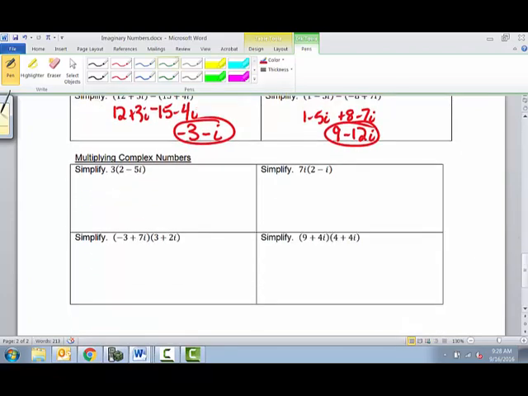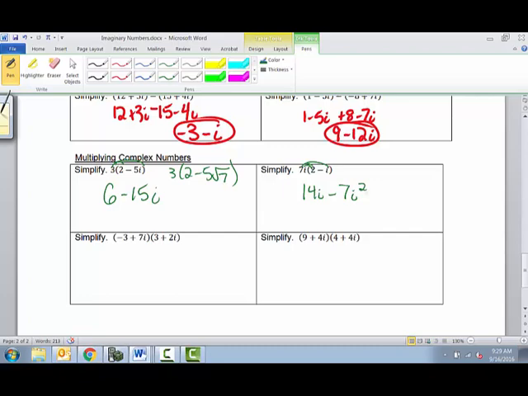Now, when we multiply, again, same thing. Here, you would just distribute. 3 times 2 is 6. 3 times negative 5i is negative 15i. It's the same thing as if we were doing that. Simplify this, 7i. Alright, so now 7i times 2 is 14i. 7i times negative i is a negative 7i squared. Because we add the exponents just like an x times x is i squared.